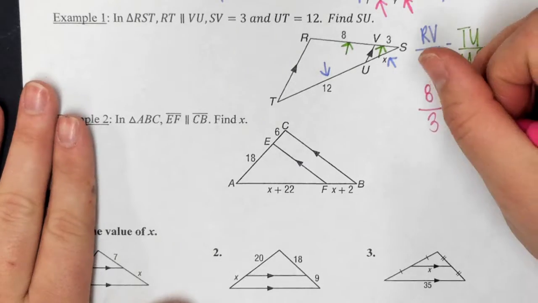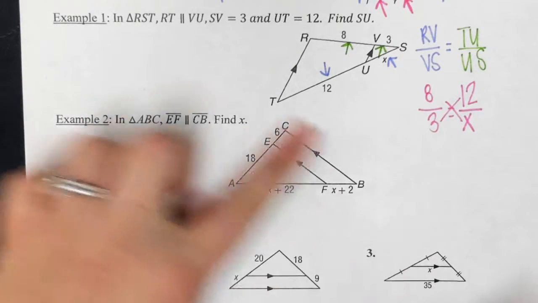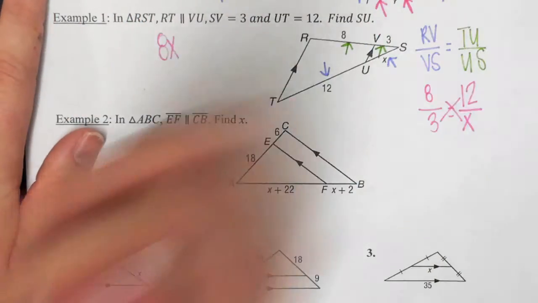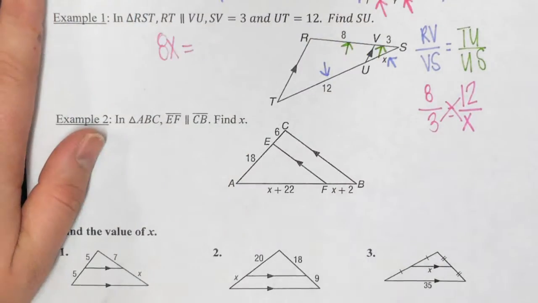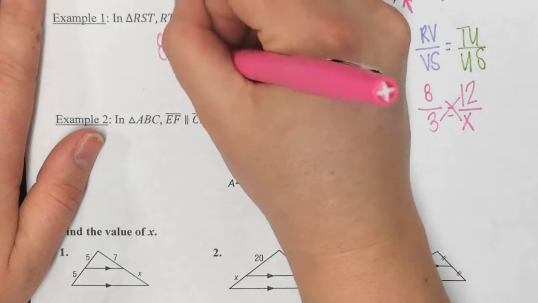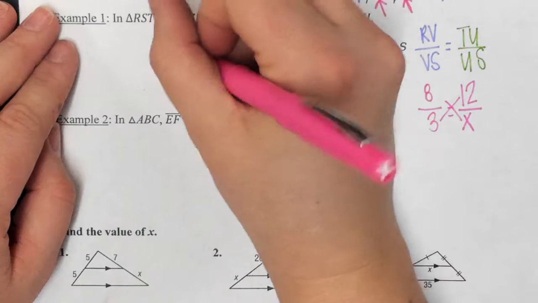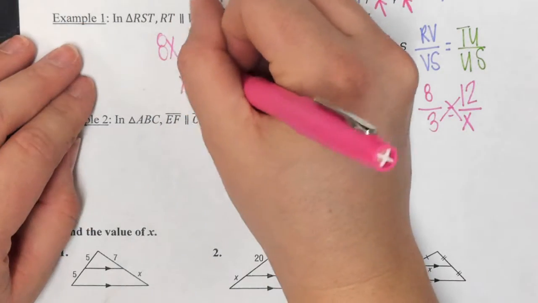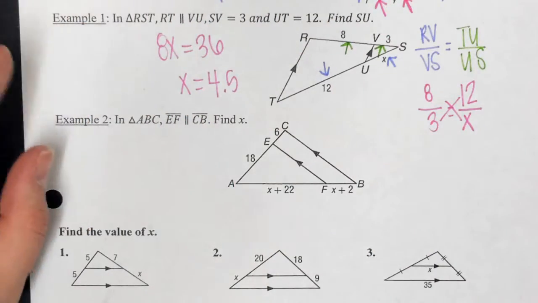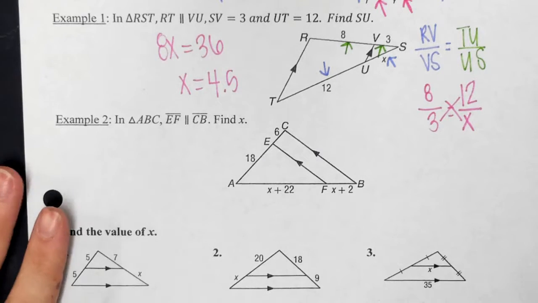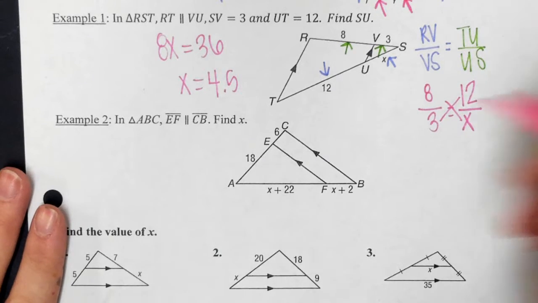Cross multiply. 8 times X is 8X, which equals 12 times 3, which is 36. 36 divided by 8 is 4.5. Good. Now remember, I can only set them up like this if I know that they are parallel.